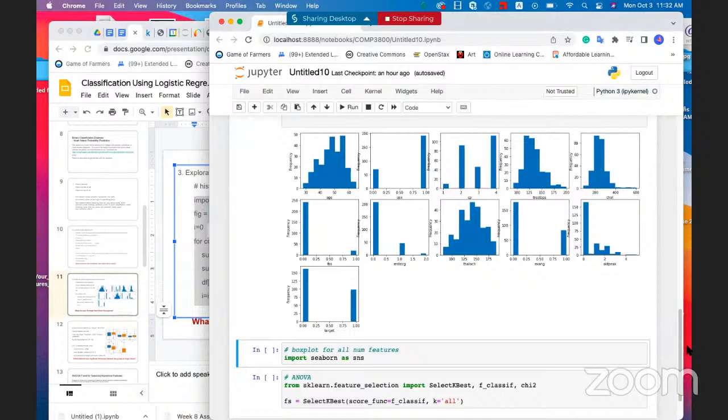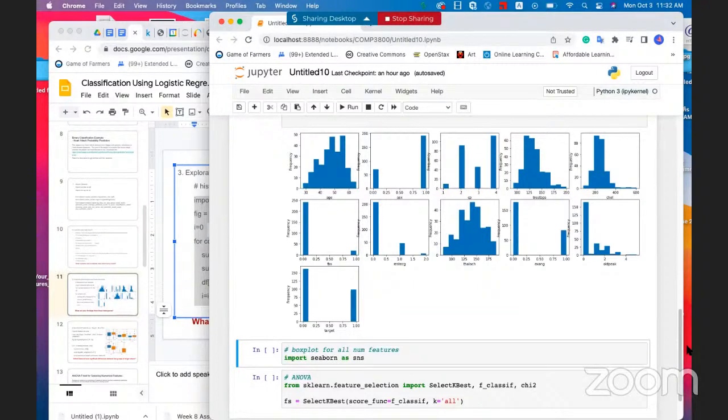For example, this one, ABS, this value only has a few samples, and for this one, I guess the majority of people are in this group, and only a few in the other. Maybe this one is that you had a previous heart attack, so very few people had this. However, there is one important thing here.